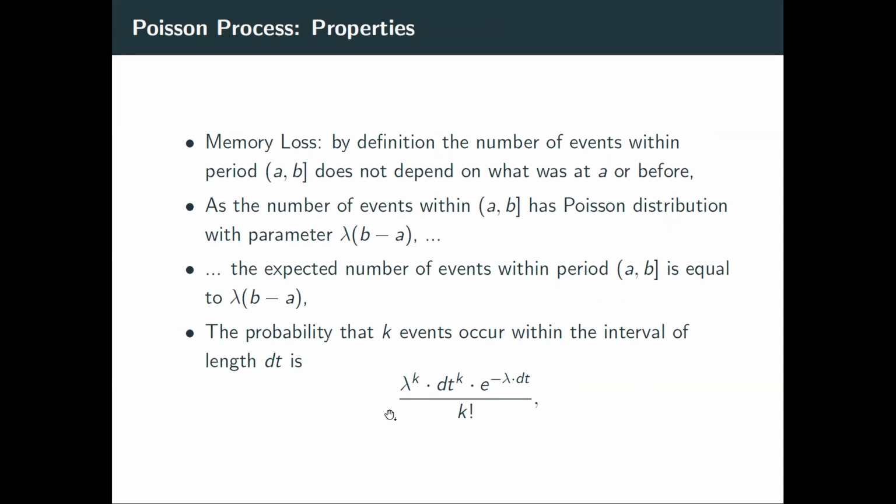As you see here, when k is equal to 2 or 3 or whatever, according to our rules that dt squared is 0, it will be 0. That is, it will be possible that either you have 0 events, then k equal to 0, or just one event within a time period of length dt.